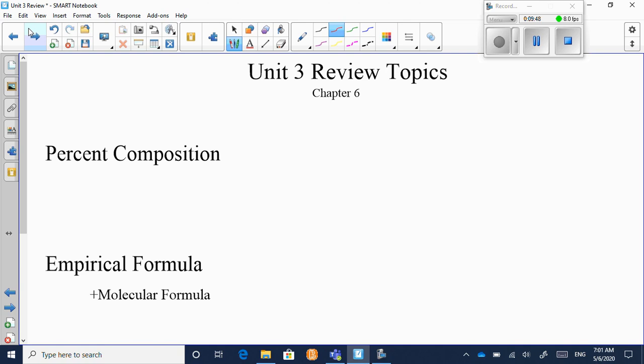Okay, the next thing we went into was percent composition. We would look at each element, the percent of each element in a compound.